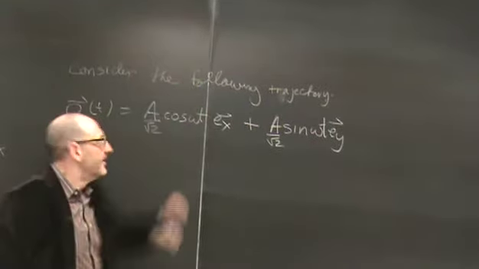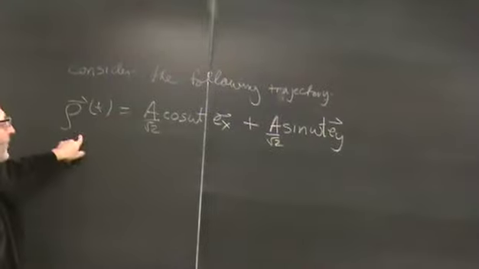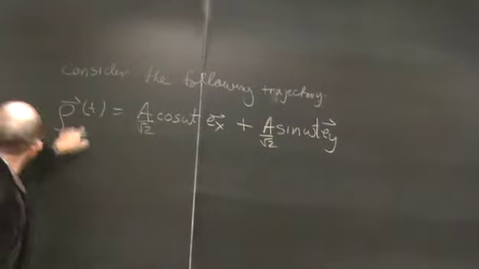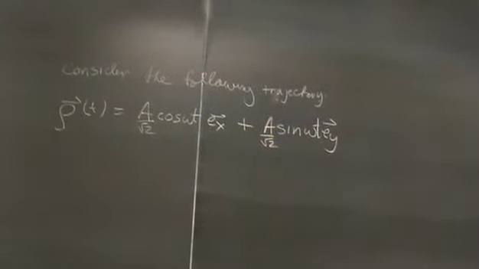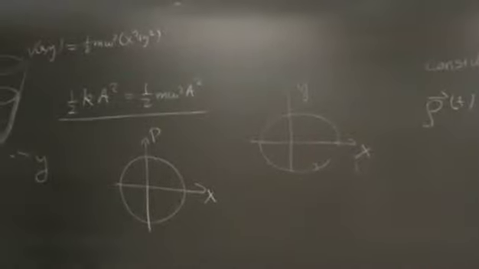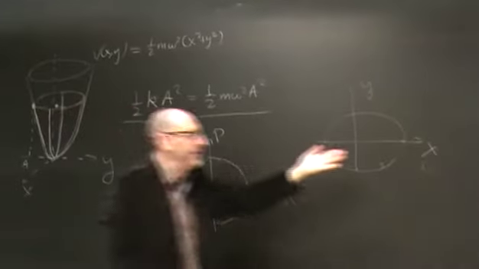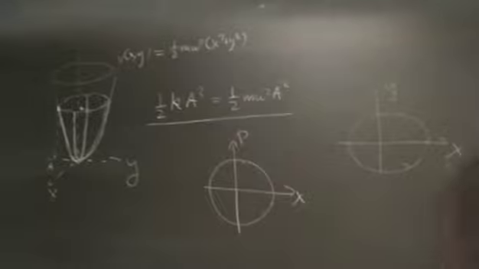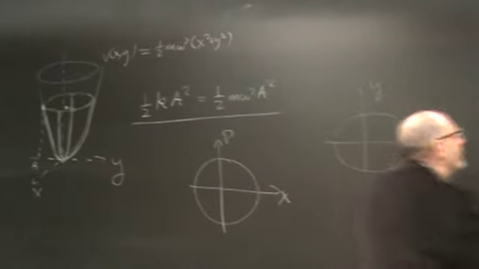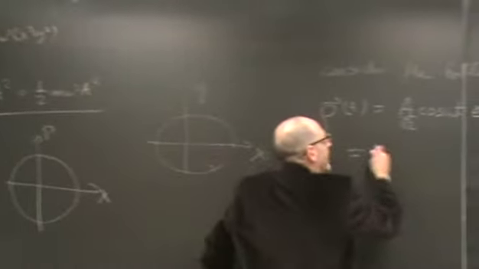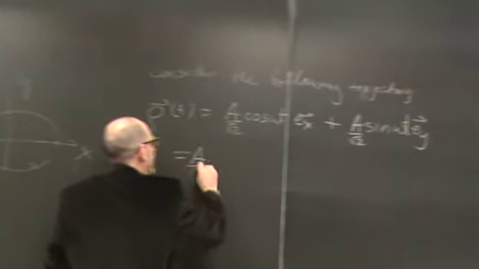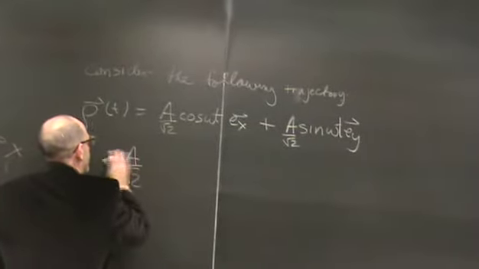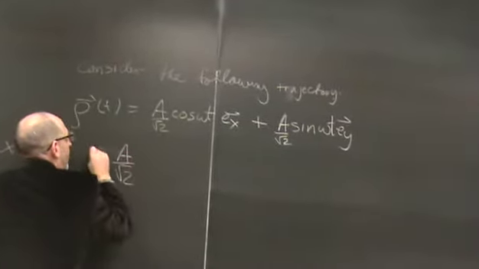See that? So this trajectory is degenerate with that trajectory. Motion along x or motion along y. Is that clear? It has exactly the same energy. Notice, and this is something we're going to come back to in a moment, this has an interesting form if I write this as the real part of a complex amplitude.